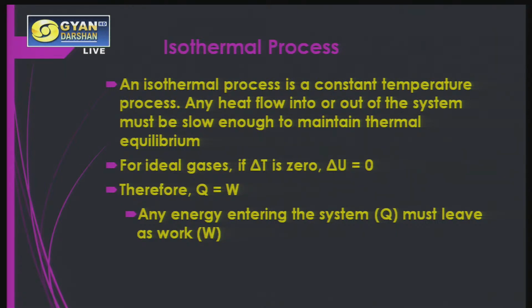So in the case of the isothermal process, Q is equal to W. It means the energy entering the system in the form of heat will leave as work. If any energy is entering the system as Q, it must leave as work, that is W. So for isothermal processes, Q will be W.